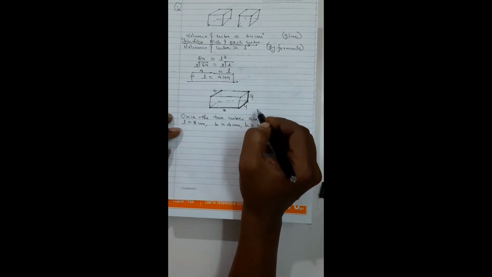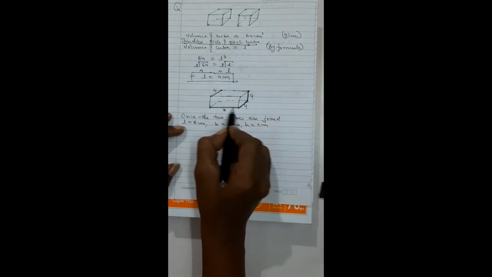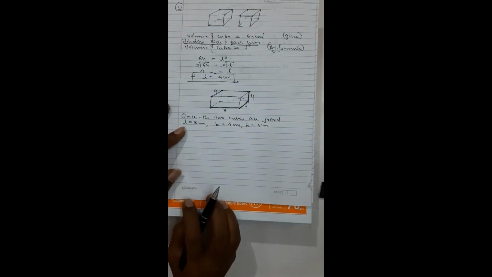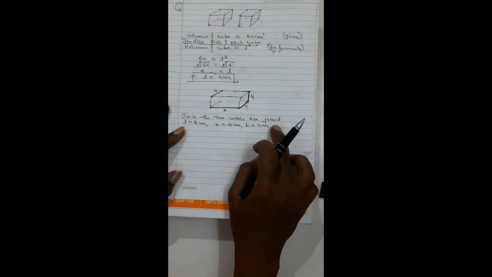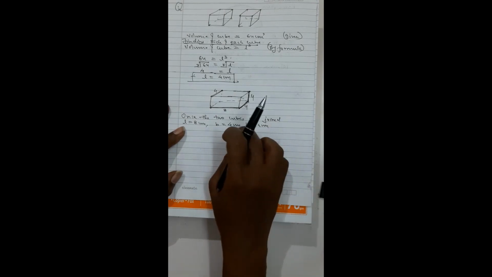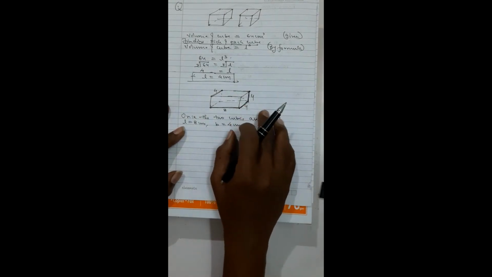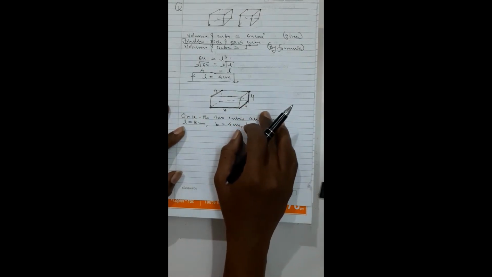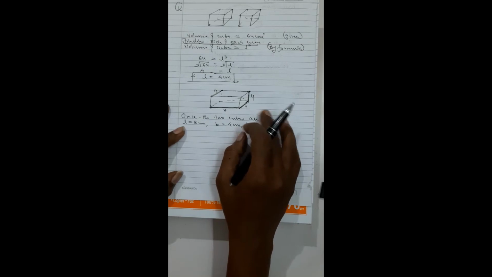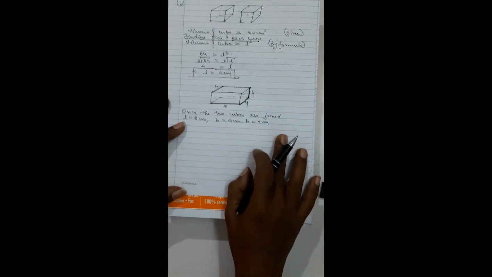Height and breadth are not going to change, only length is going to be affected. These are going to be the new measurements, and now what we have got is not a cube, it is a cuboid. Now what have they asked? Find the surface area of the resulting cuboid. You have to find the surface area of this cuboid.